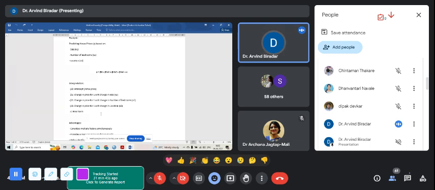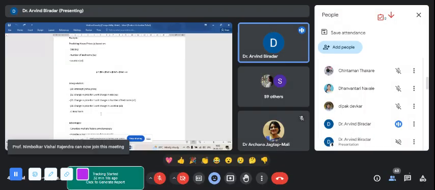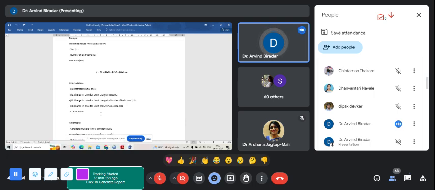One is multicollinearity, which we have to check by using the variance inflation factor, VIF. I will show that. Then linearity and non-linearity, homoscedasticity and heteroscedasticity. So these terms we are using in regressions.